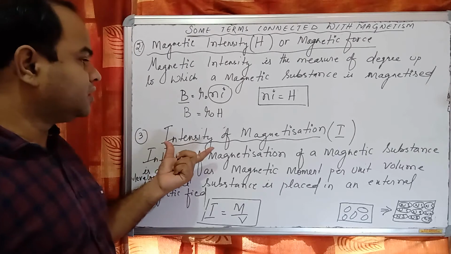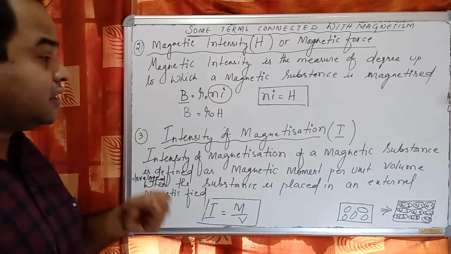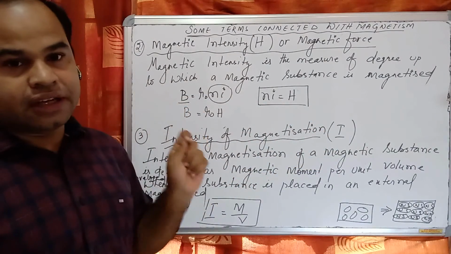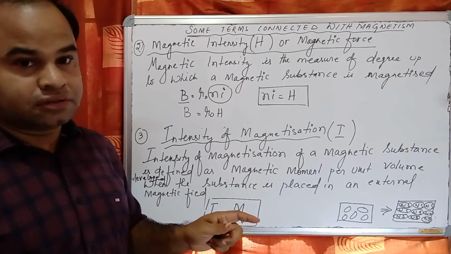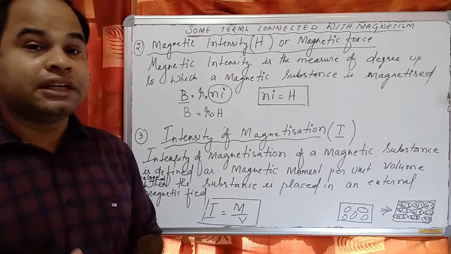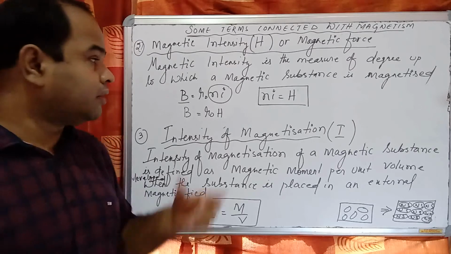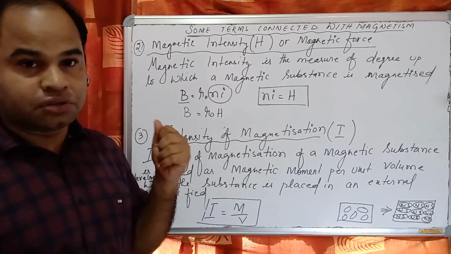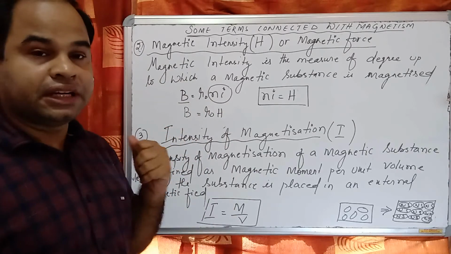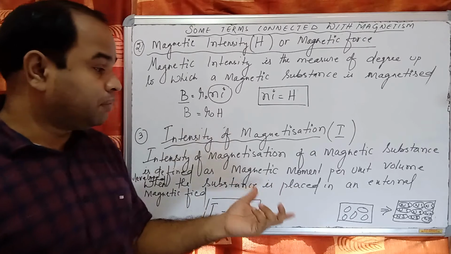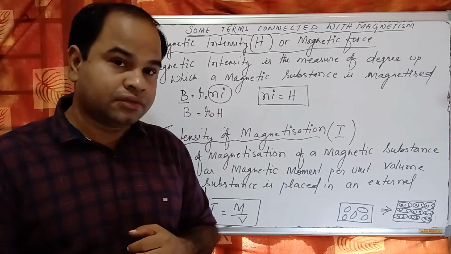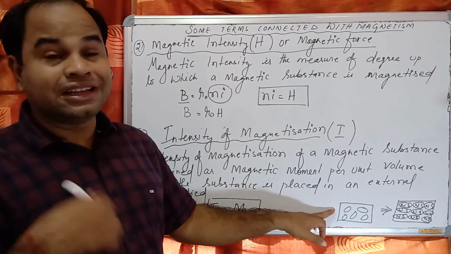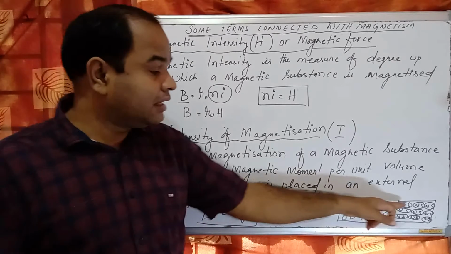Next is intensity of magnetization. Intensity of magnetization is represented by I. We also discussed this. When a magnetic substance is placed in an external magnetic field, earlier there was no external magnetic field, that is the magnetic field produced by a solenoid. Okay. When a magnetic substance is placed in an external magnetic field, the dipoles which are present inside the magnetic substance in a random order are aligned in a particular direction.